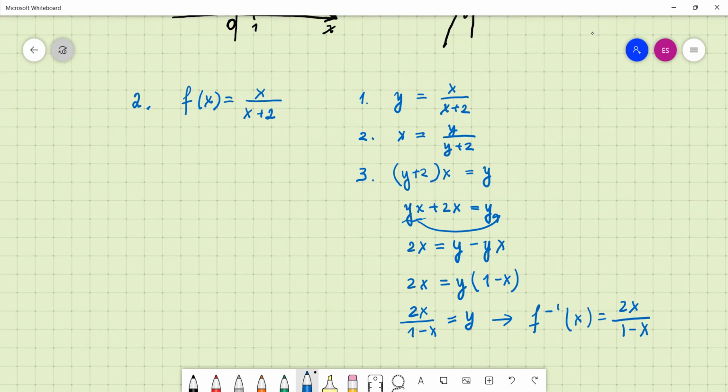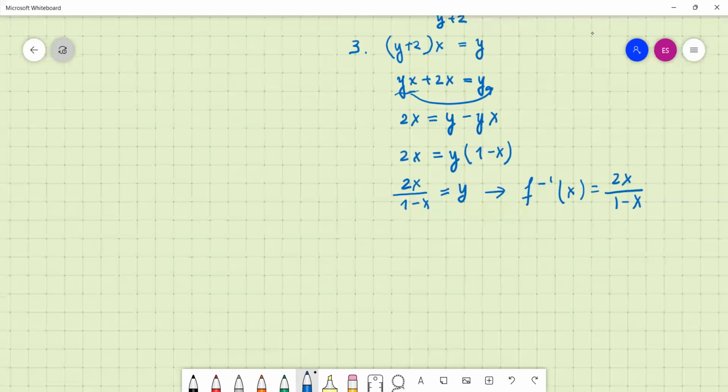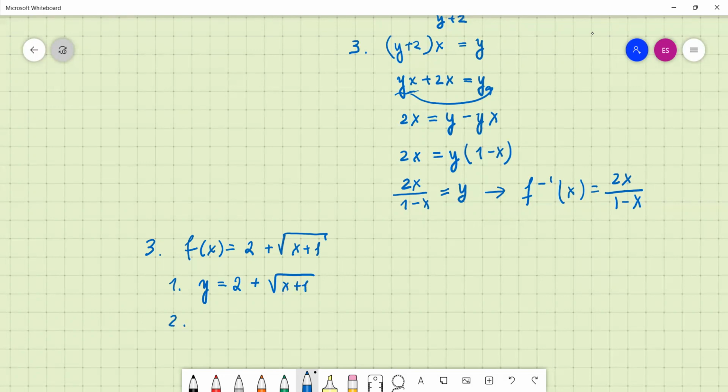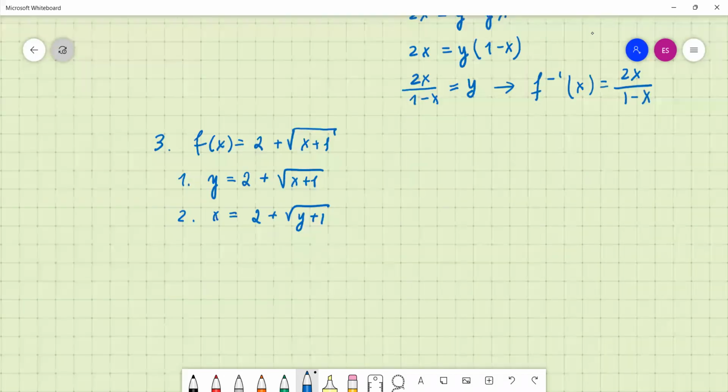The next problem is a square root problem. So problem 3, we have f of x equals 2 plus square root of x plus 1. Again, step 1, y equals 2 plus square root of x plus 1. Step number 2, x equals 2 plus square root of y plus 1, exchanging x and y, right? And step number 3, we are solving now for y.